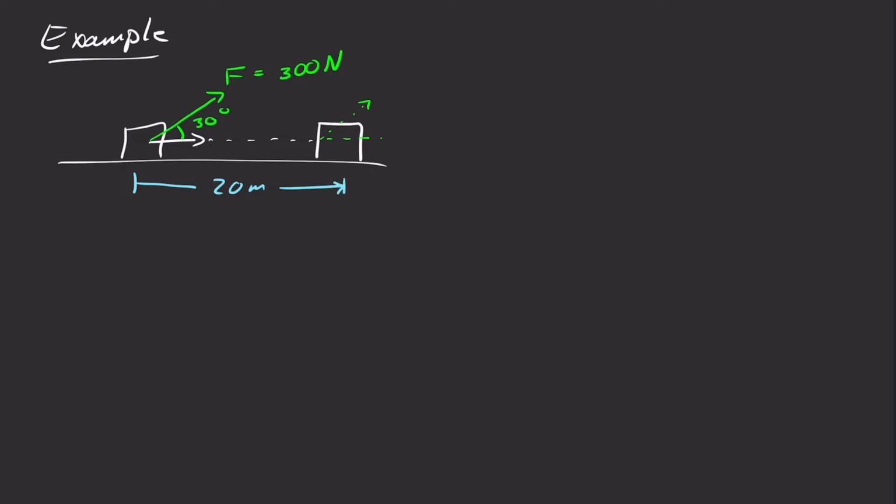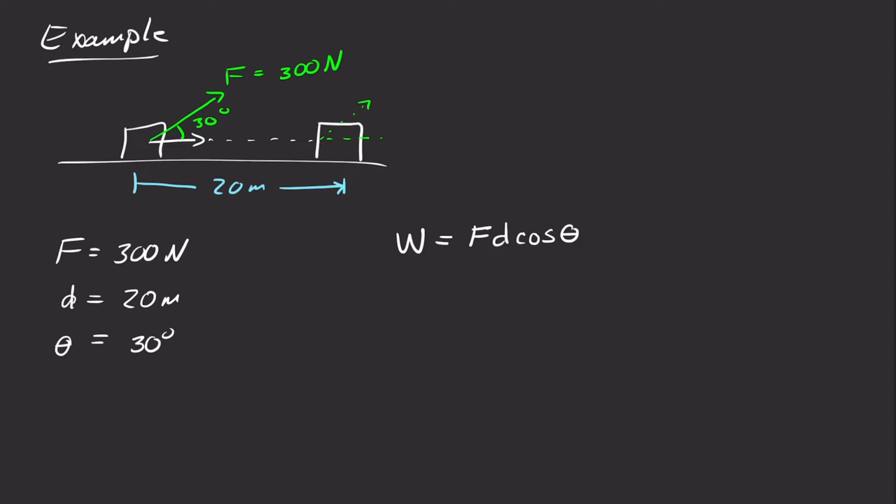So our force is 300 newtons. Our displacement is going to be a positive 20 meters. And the angle between our force and the displacement is 30 degrees. So if we look at our equation for the work, it's going to be the force times the displacement times the cosine of the angle theta between the force and the displacement.